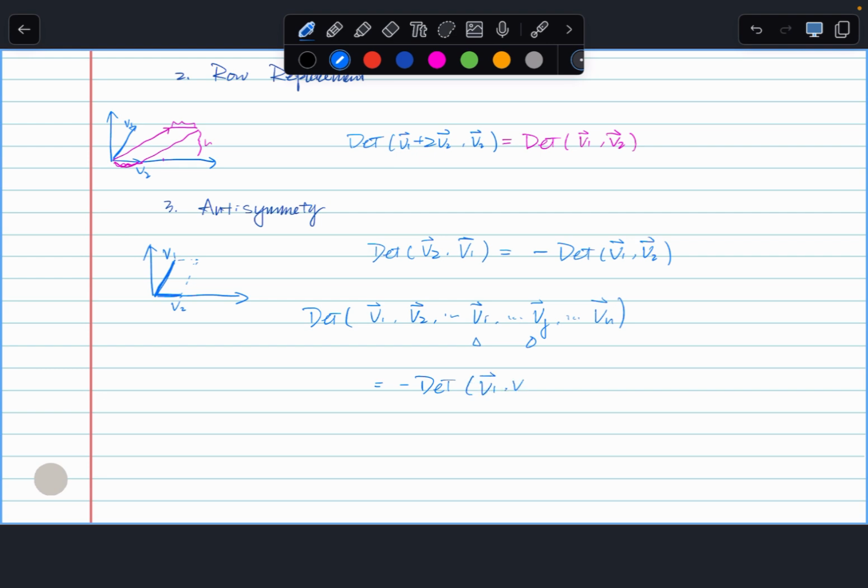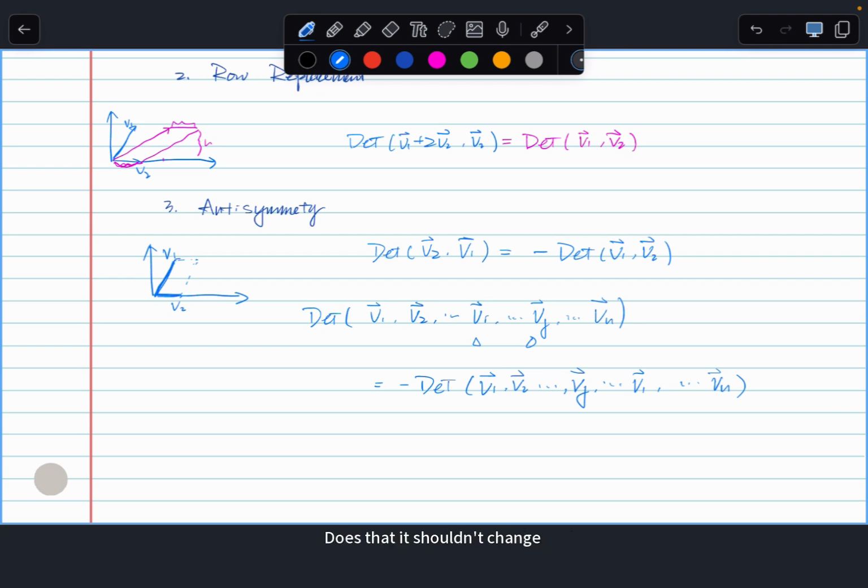So v1, v2, and in this place is vj before vi. So when you switch the vectors, you're just switching the columns, right? Yes.